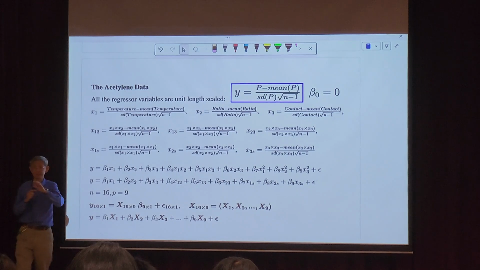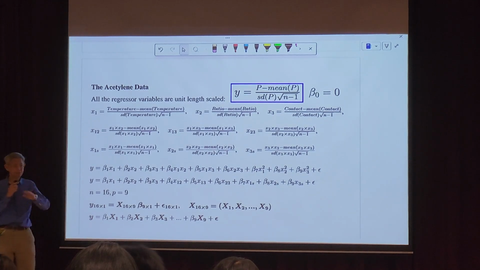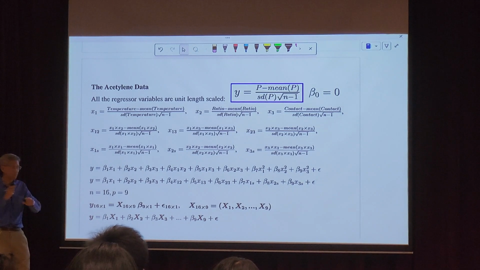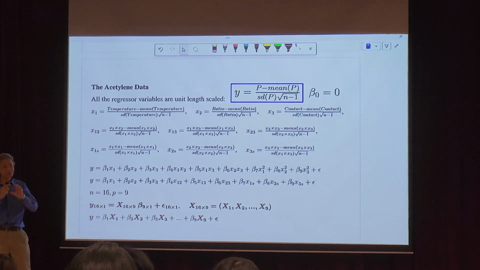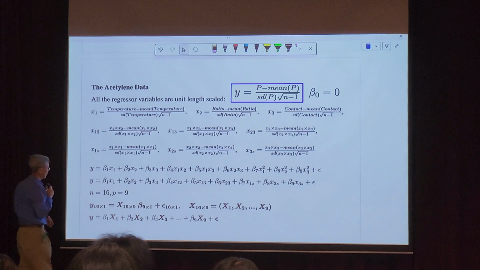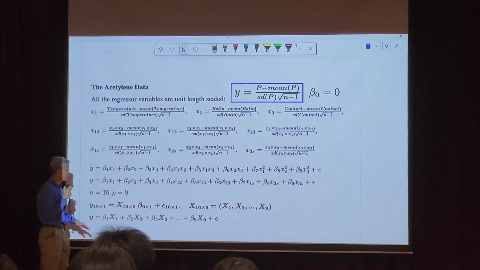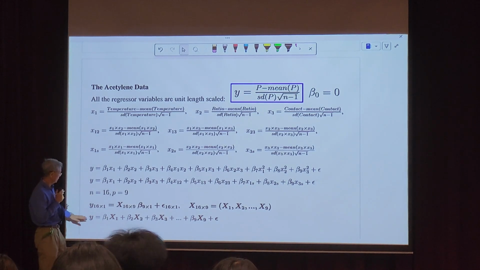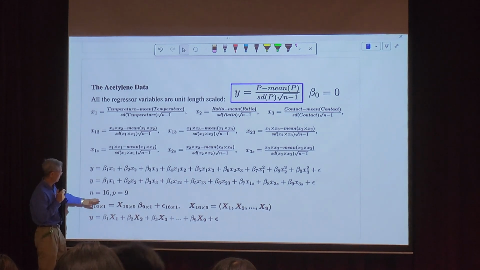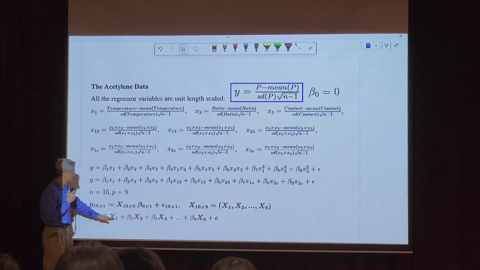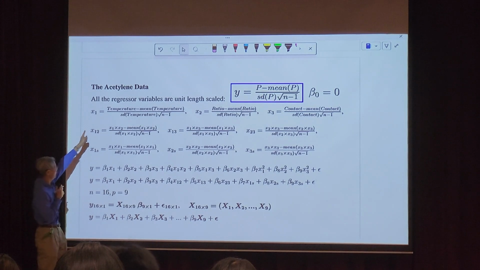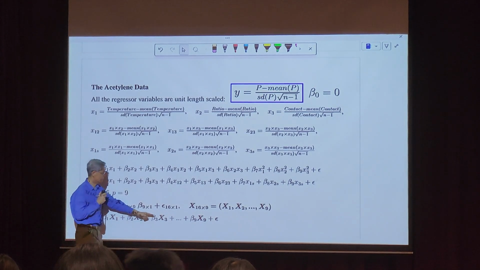Now in the description of principal component regression, I did not mention anything about unit length scale. So the method does not require us to scale the variables, okay? But we do it because this helps to reduce multicollinearity. So we can now write this as y equal to beta 1 x1, where x1 is just x1 unit length scale, and so on.